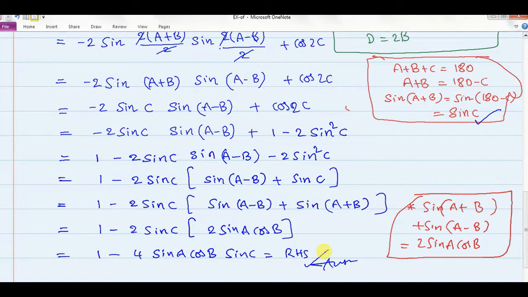And we have a formula for it. Sine of (a plus b) plus sine of (a minus b) is 2 sine a cos b. So write down the same results. I am mentioning the formula here. Sine of (a plus b) plus sine of (a minus b) is 2 sine a cos b.